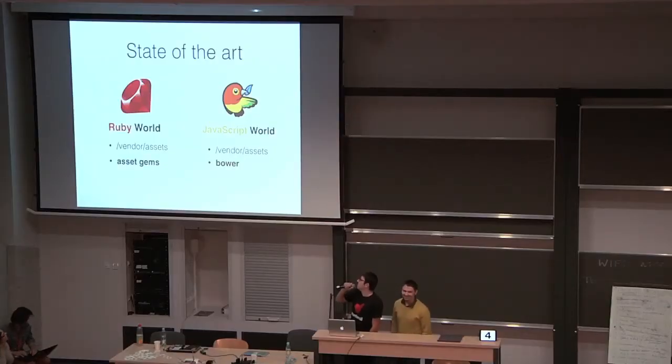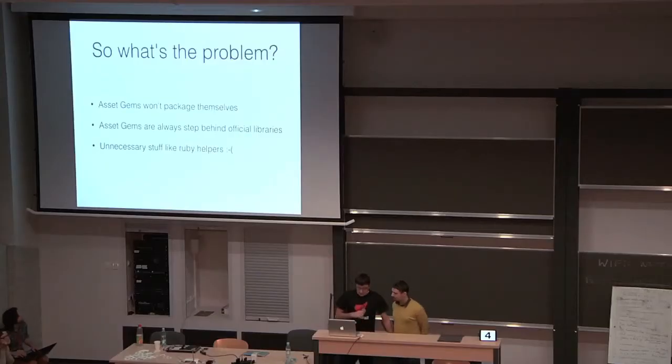In the JavaScript world, we also use some committed, downloaded content from the internet, put it into the repository, or use Bower or NPM with some Browserify tools. So, what's the problem? Those asset gems like jQuery Rails are made by people manually, and this is embarrassing.